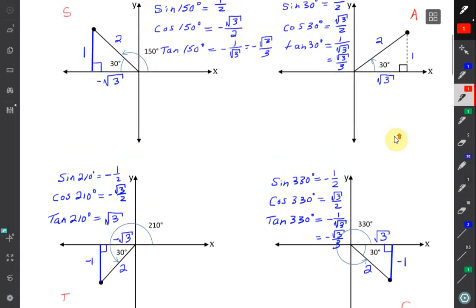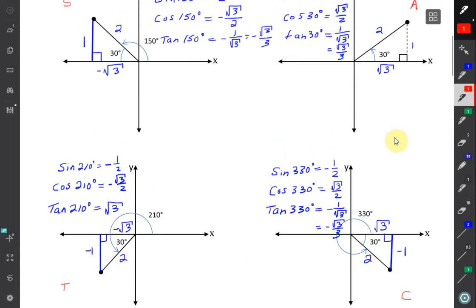That leaves us with something that's called the CAST rule. C-A-S-T. And they've chosen not to start with the first quadrant simply because it makes a good acronym.